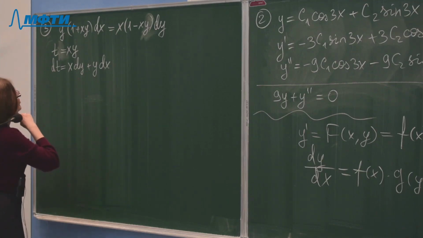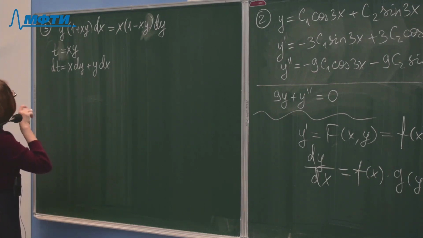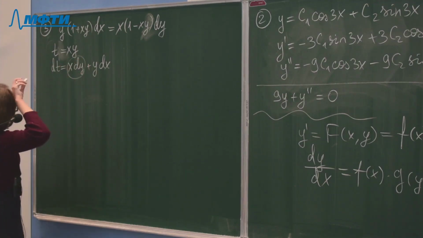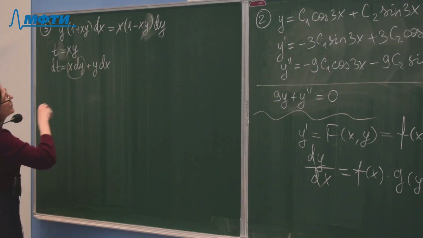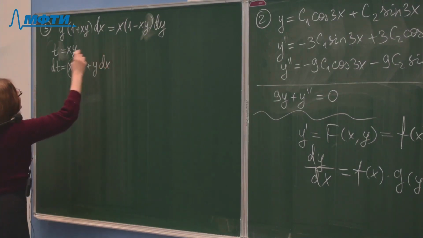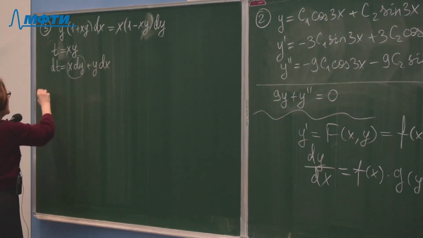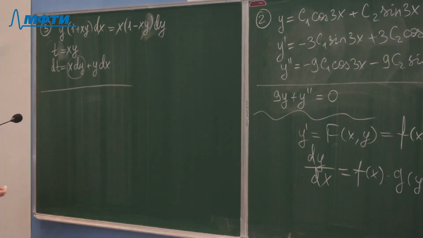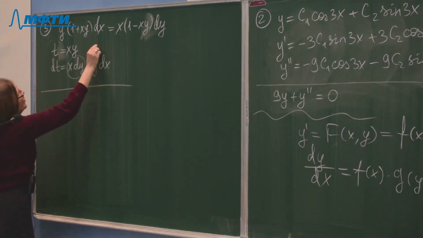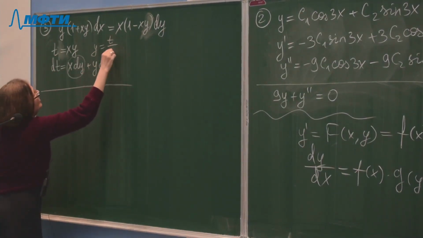Okay, we have x dy. Let's try to make this substitution. First replace y by t over x, so y is equal to t over x.